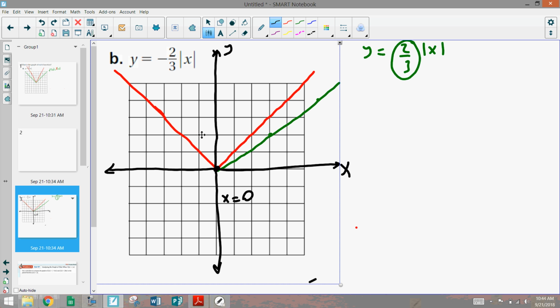Do the same thing, 1, 2, 3. And another way: 1, 2, 3, 4, 5, 6. Go left 6 units, and then connect the points.